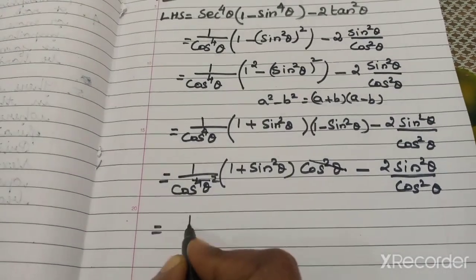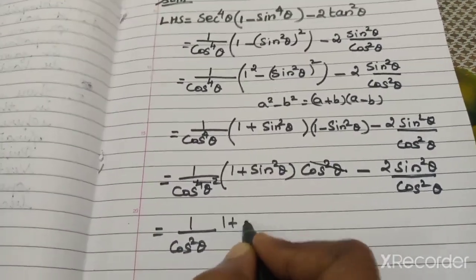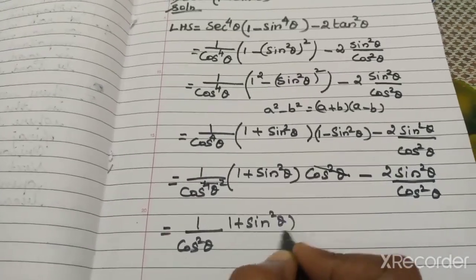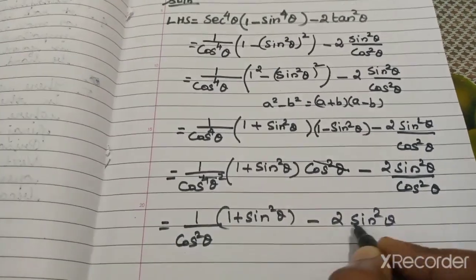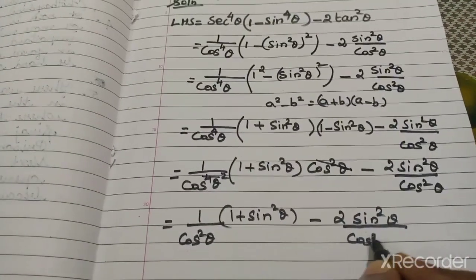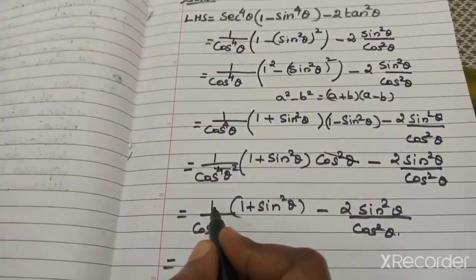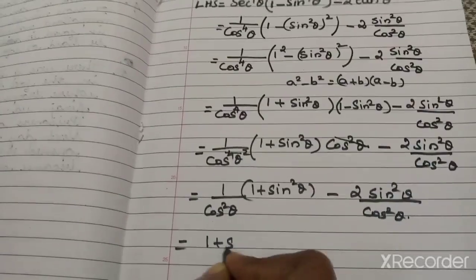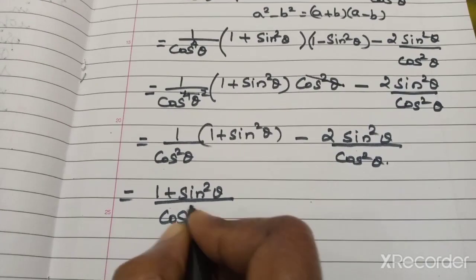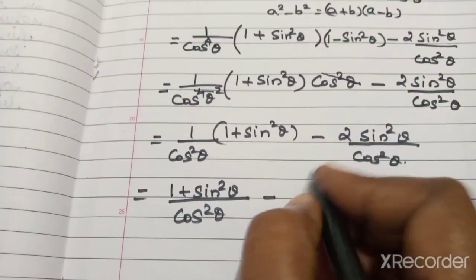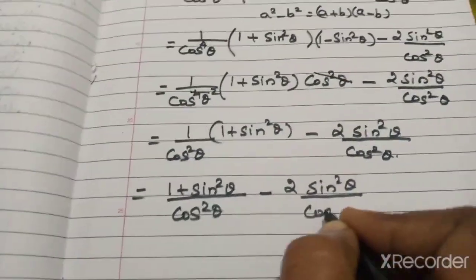So which can be written 1 by cos square theta, here 1 plus sine square theta minus 2 sine square theta by cos square theta. Okay, which is equal to, now numerator can be multiplied, 1 into 1 plus sine square theta is 1 plus sine square theta by cos square theta, minus is there, then this term 2 sine square theta by cos square theta.